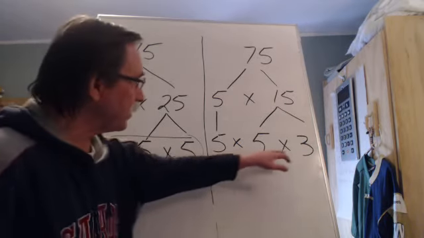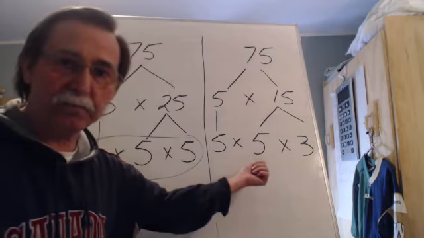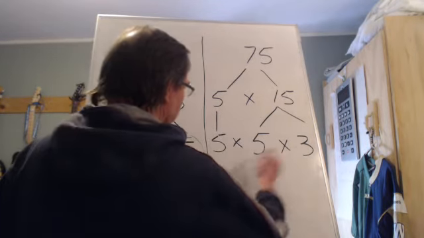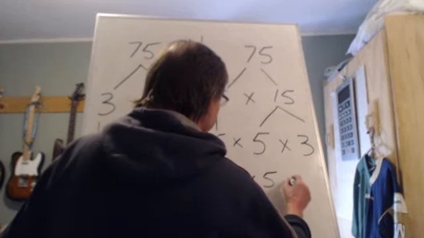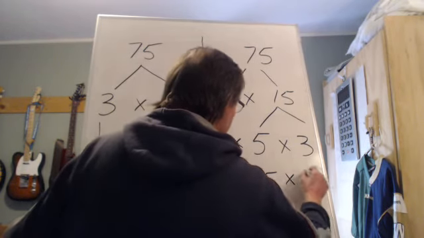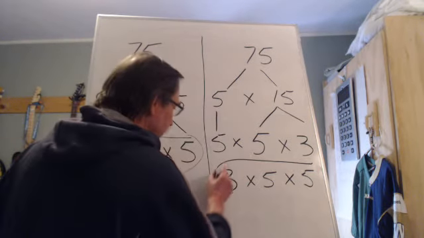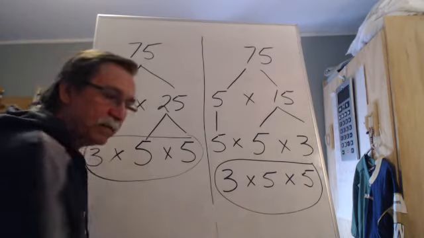We have the same 3 numbers over here, but they're not in the same order. So let's just order these, and then we can compare. So, okay, we'll put the 3 times 5 times 5. I have 1 3 and 2 5s. And guess what? The answers are identical.